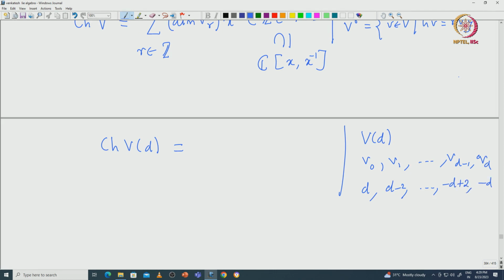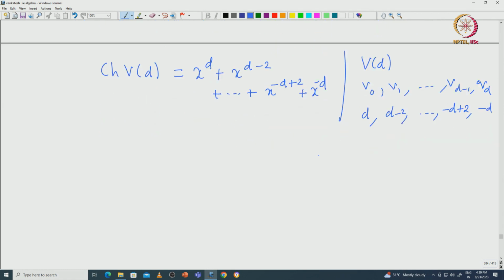So, these are all the H eigenvalues of these eigenvectors V naught etcetera VD, which form a basis of capital VD. Then it is clear that, because all these eigenspaces are one dimensional, the character of VD is nothing but x^D plus x^(D-2) plus etcetera plus x^(-D+2) plus x^(-D). In particular, we can take out x^(-D), which is what we did last time also.